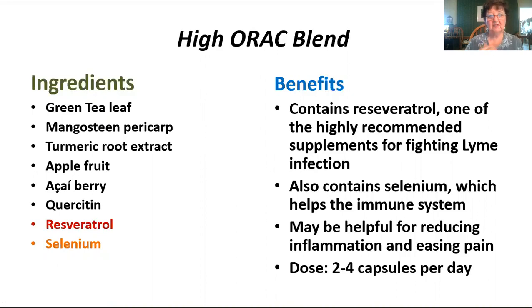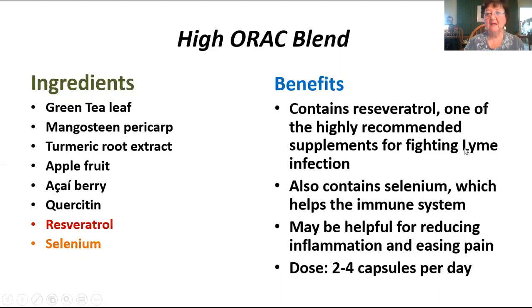And we talked a bit about mangosteen. Turmeric is well known. Apple fruit, now that's interesting, but we know an apple a day keeps the doctor away. So acai berry, quercetin, resveratrol, and selenium. So this one can be taken on a daily basis just to support good health.